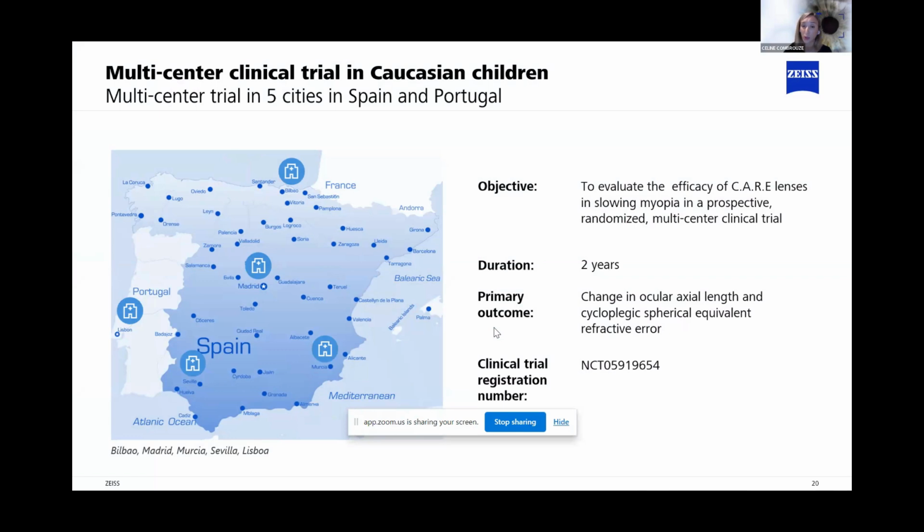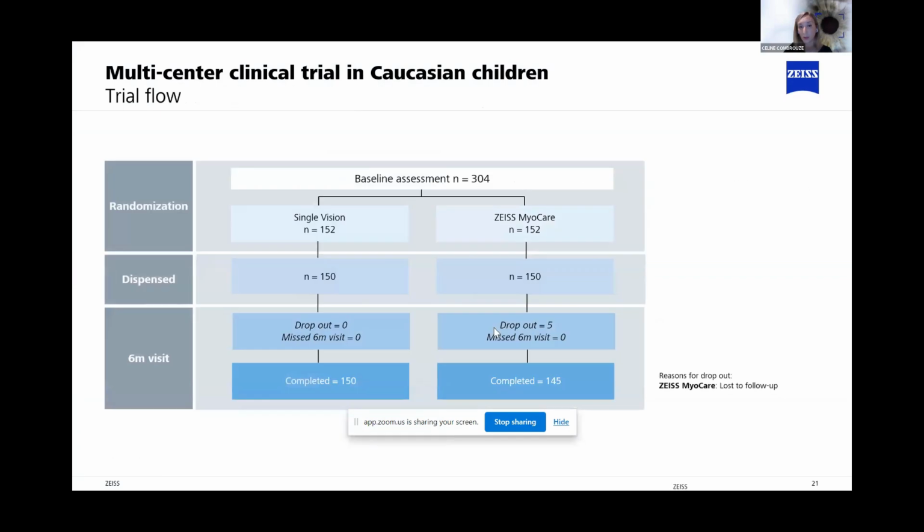It's going to be a 2-year study, and we already have the 6 months intermediate result. We are trying only the hard design here, but we have a huge number of children wearing the lens. More than 300 of them were involved in the study, and 150 are wearing Myocare.